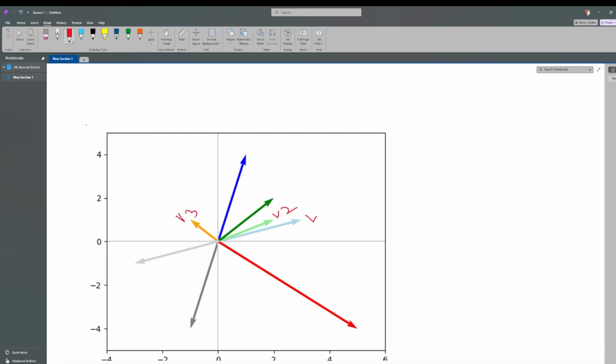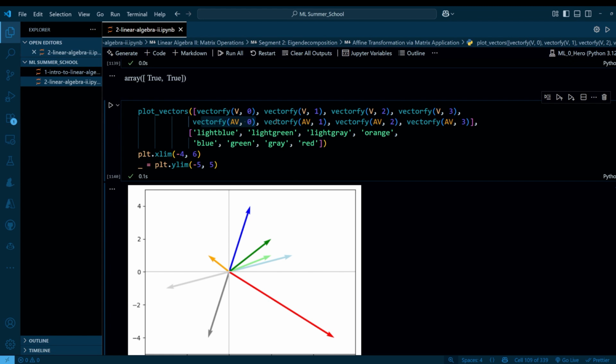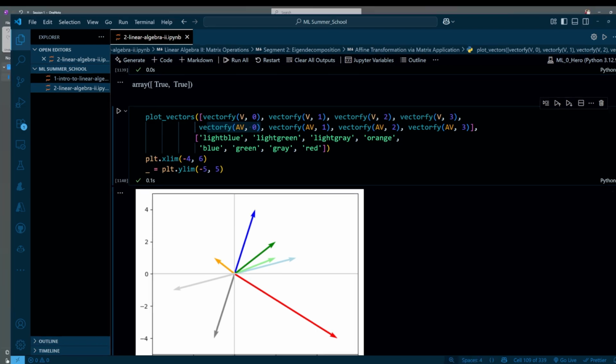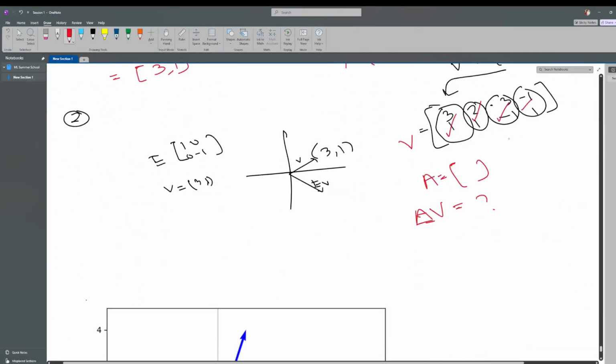I'm not sure though, it should be 4 maybe. Let me just check. Light blue, light green, orange, the V4. Okay, let me just see from here as well, and let me refer to 3 1, right?